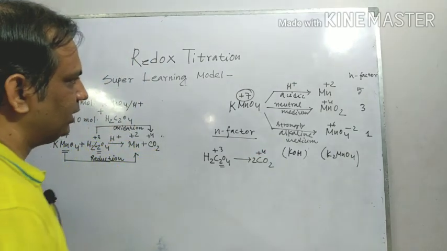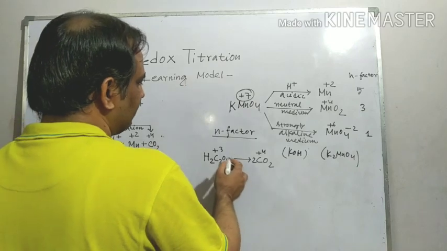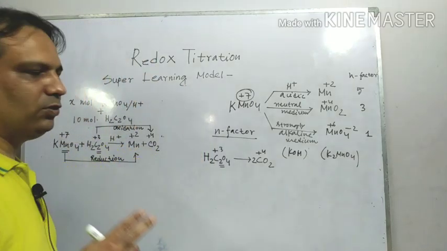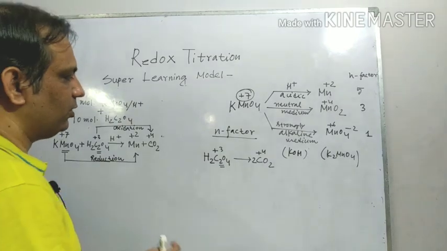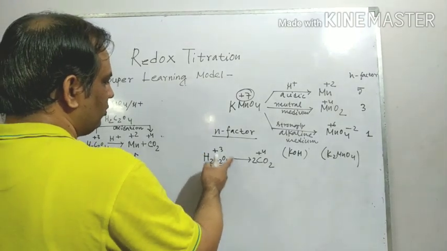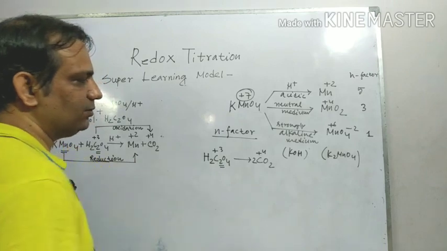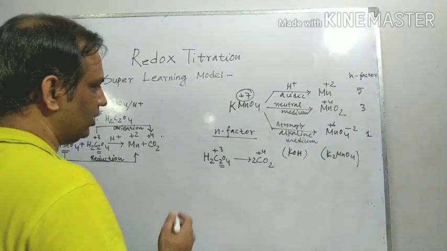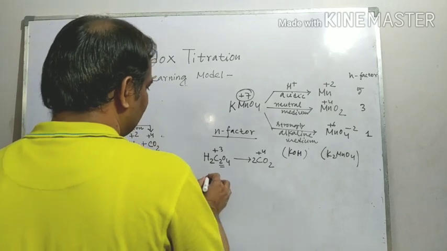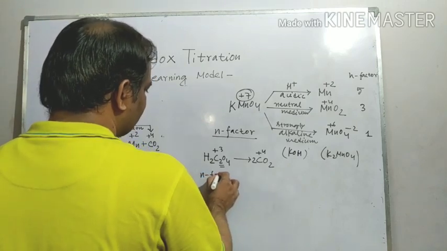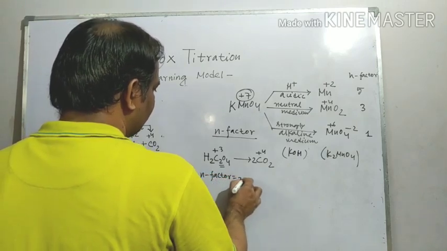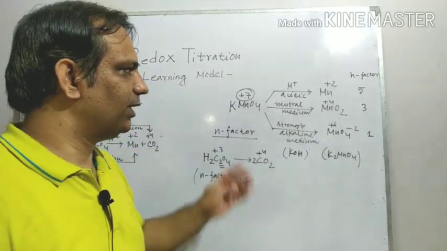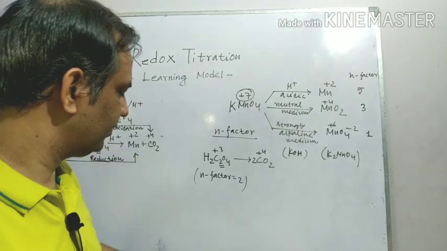So for 1 mole of oxalic acid, 2 moles of electrons are required, because 1 mole of oxalic acid has 2 moles of carbon atoms. So the N factor will be 2. I think the concept of N factor is clear to all of you.